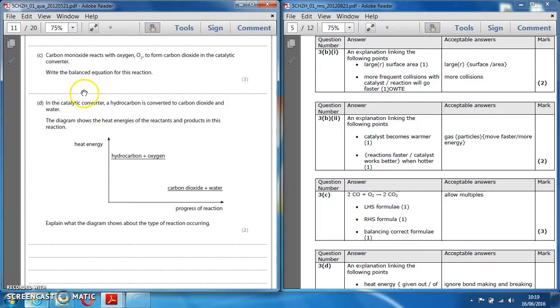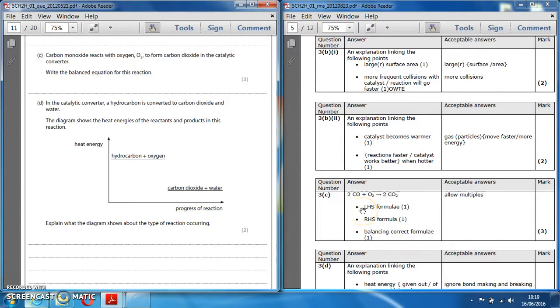Here, balanced equation for carbon monoxide reaction with oxygen. So we've got carbon monoxide is capital C, capital O, make sure they are capitals, plus O2, it gives us that there. We're putting an arrow in next, which is then capital C, capital O2. And then the balancing, if we look down here at the mark scheme, you've got to just make sure that you've got 2 of the carbon monoxides to make 2 of the carbon dioxides, because this O2 supplies 2 oxygens, and ideally you'd only really want 1.